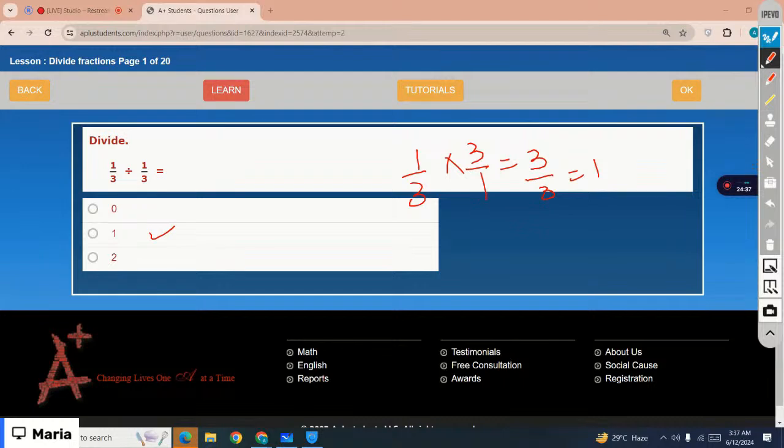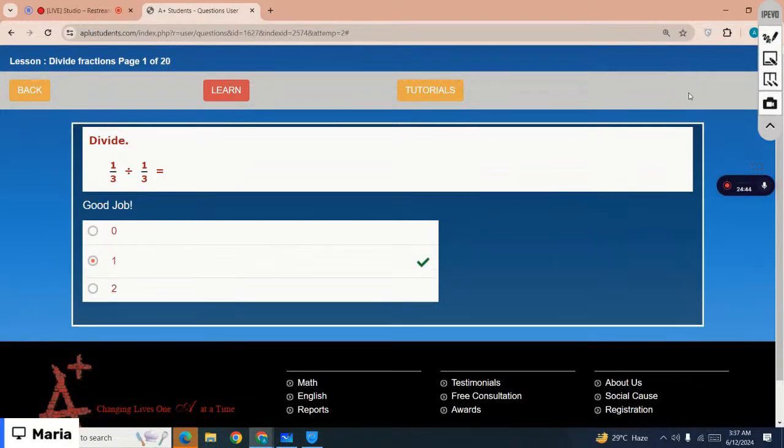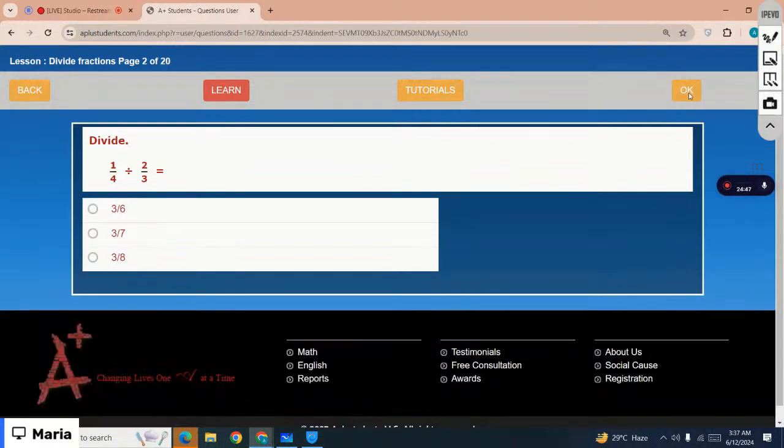Option number 2 is the correct. 1 by 4 divided by 2 by 3.